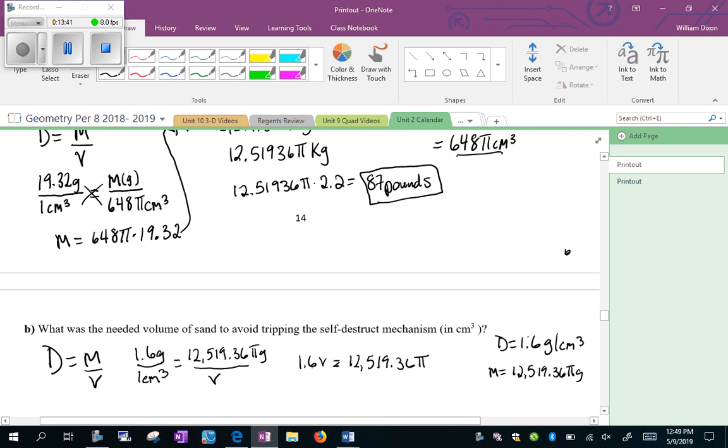I'm going to divide both sides by 1.6 because I'm looking for V. And my answer is V equals 24,582 centimeters cubed.